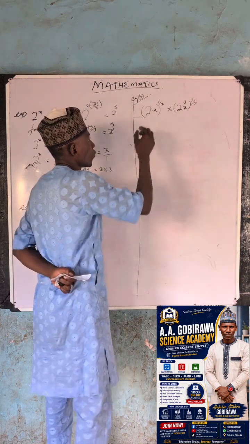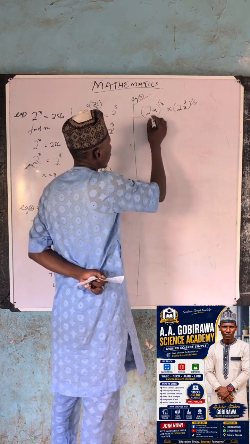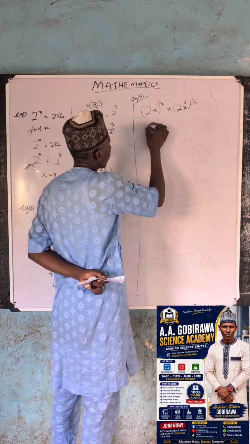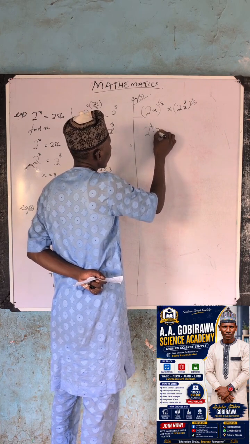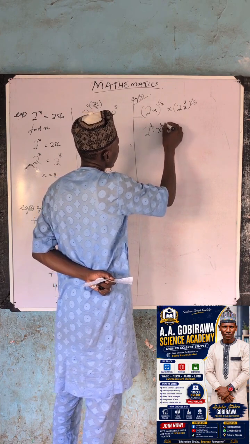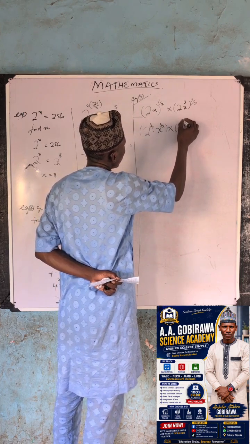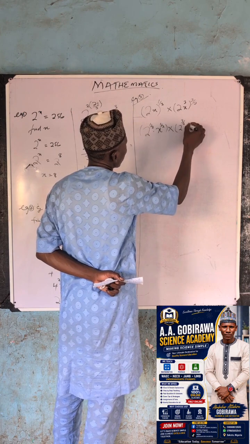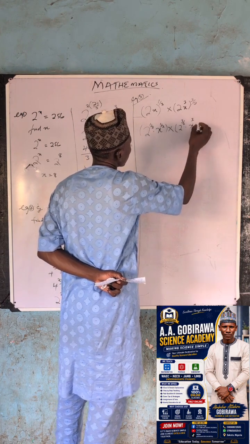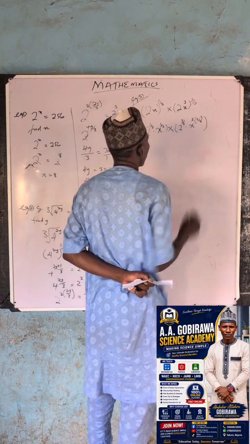Sai mu to mu ce so mu expanding din kowane bracket din mu zai ba mu 2 power 1 all over 2 dot x power 1 all over 2 multiply by what 2 power 3 all over 2 multiply by x power what 3 power 3 all over 2 ko ba haka ba.